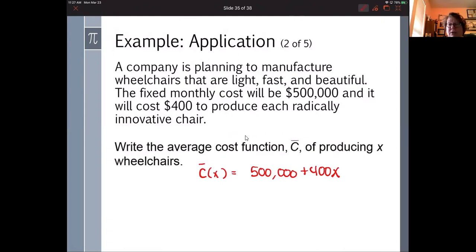So in this case, the total cost, 500,000 plus 400x, divided by the number of wheelchairs that we manufacture would be our average cost. So we have a rational function. The average cost is 500,000 plus 400x divided by the total number of wheelchairs we manufacture, x.